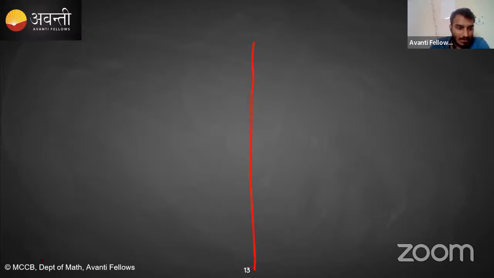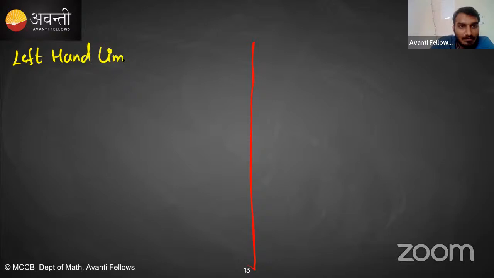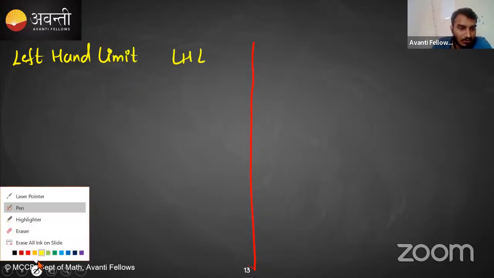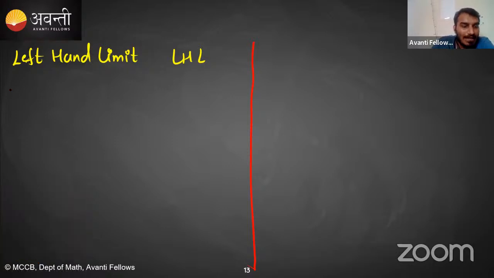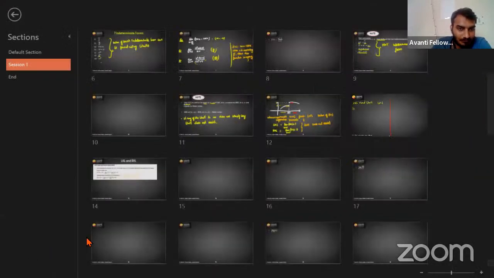Okay, so let me write it down. Left hand limit, LHL, is nothing but the value of function f of 1 second.